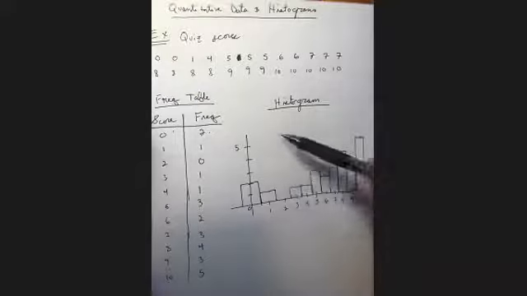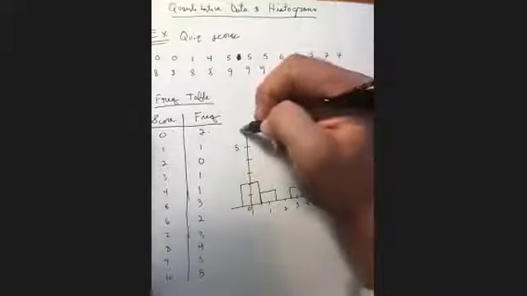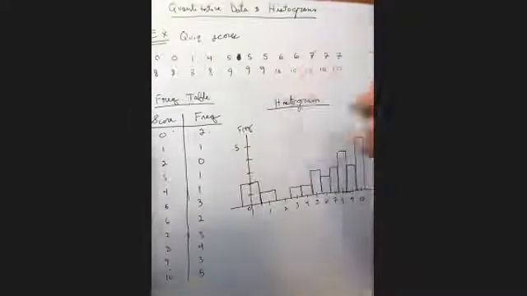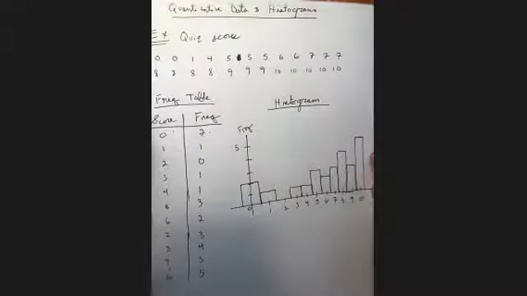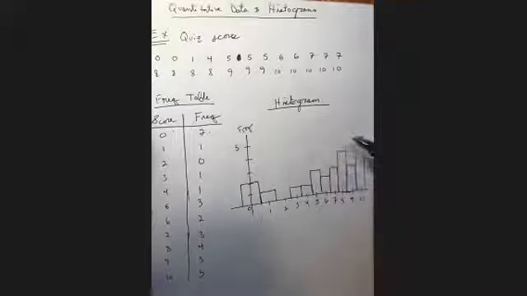The bars, in this case, are showing the frequency. So this is the frequency on the vertical axis. For a score of 1, we show a frequency of 1. For a score of 10, we show a frequency of 5. This is what we call a histogram.